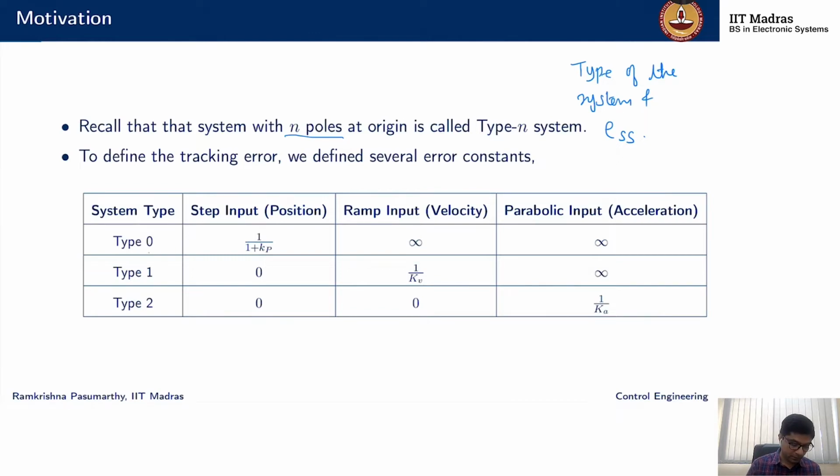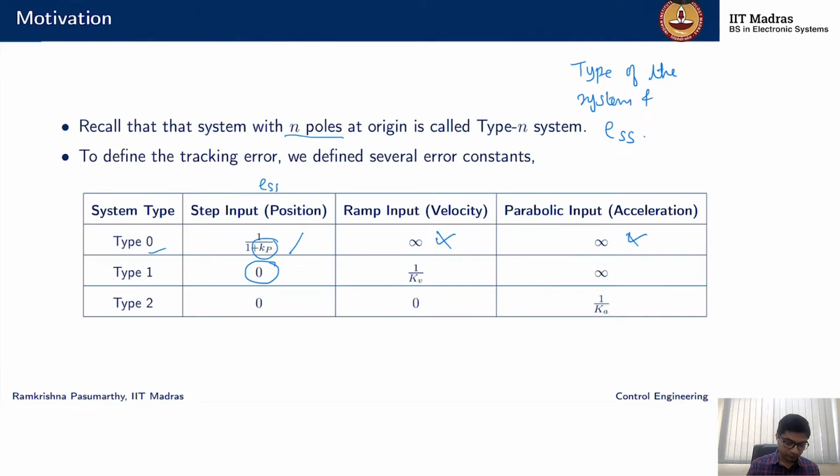So for a type 0 system, if I have a step input, a type 0 system will track a step input with some error, an error defined largely by this KP. A type 0 system cannot track a ramp input, and it cannot track a parabolic input. So this is not possible. A type 1 system perfectly tracks a step, so there is no steady state error.